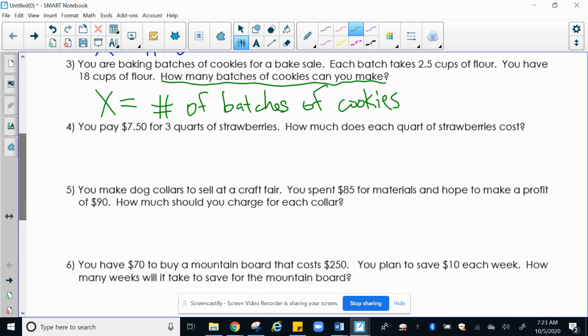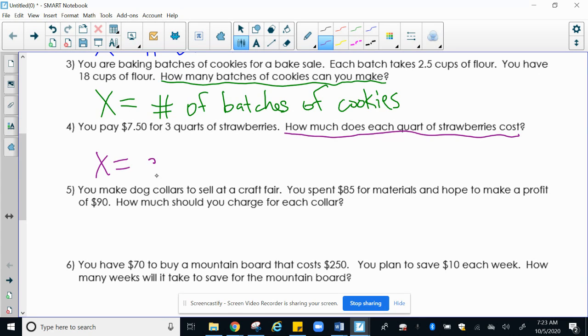Again, there's good variety in these problems, lots of different types. Look at number 4: you pay $7.50 for 3 quarts of strawberries. How much does each quart of strawberries cost? So we go to the question. X represents, well, how much does each quart of strawberries cost?